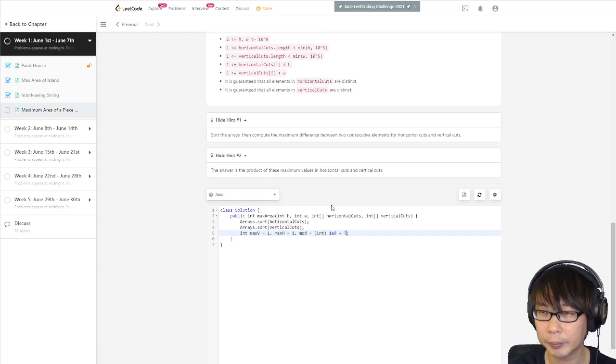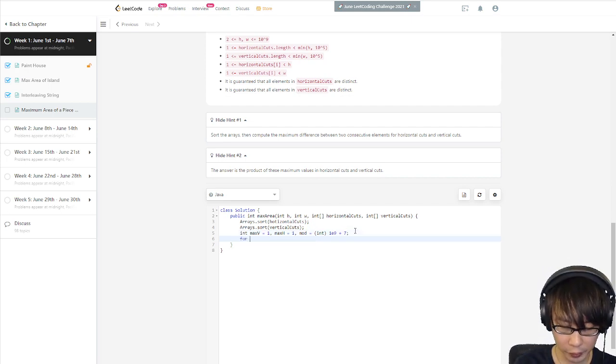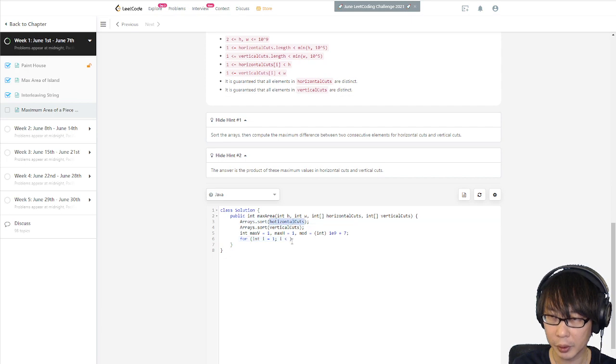Okay. So we sort both, and then we define those, and then we just go through for int i equals to 1, i less than horizontal cuts length, i plus plus.